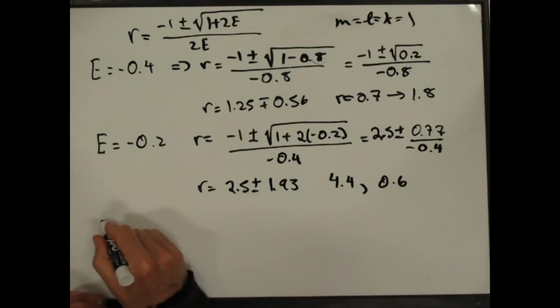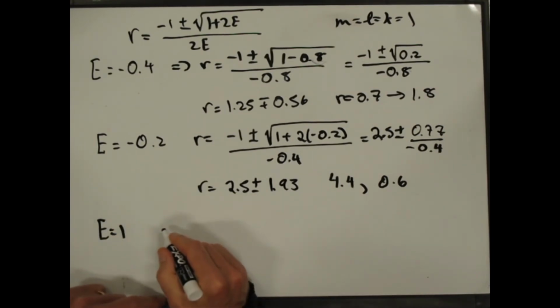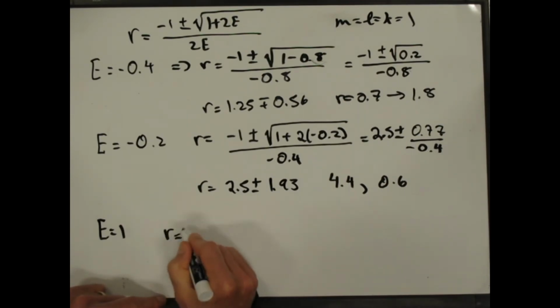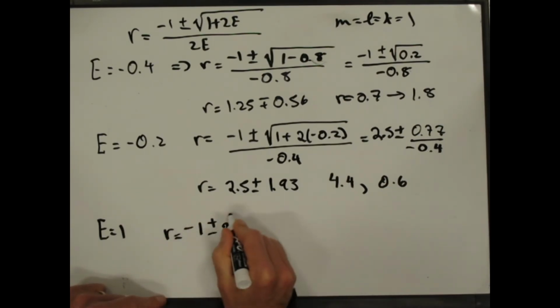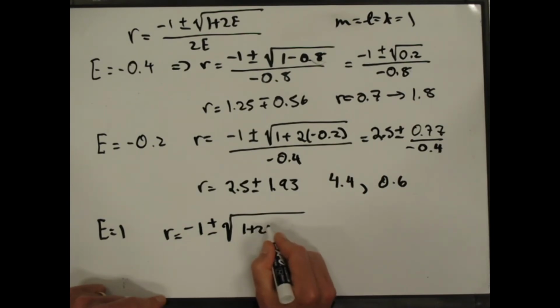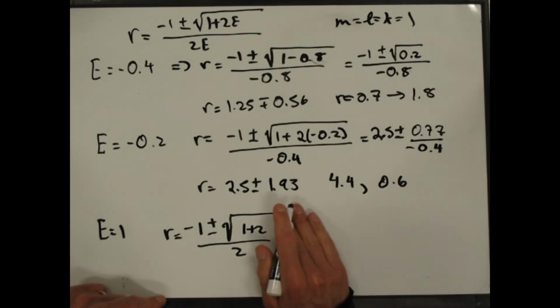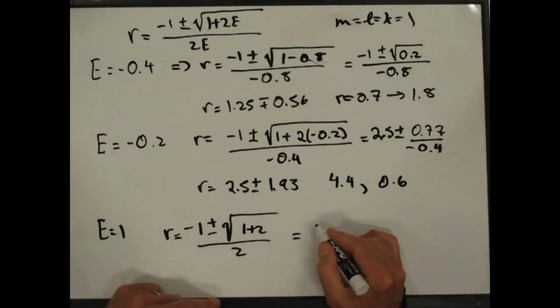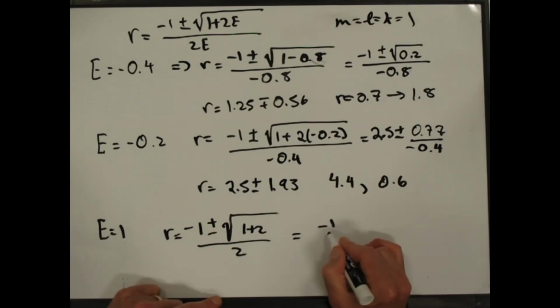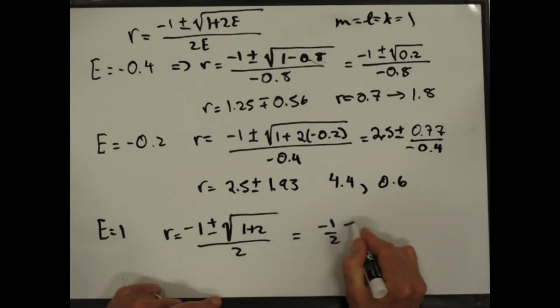Suppose we pick something like e equals 1. Now we get r equals negative 1 plus or minus the square root of 1 plus 2, over 2. That's equal to negative 1/2 plus or minus the square root of 3 over 2.